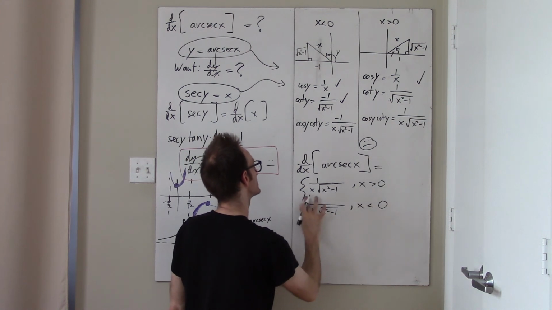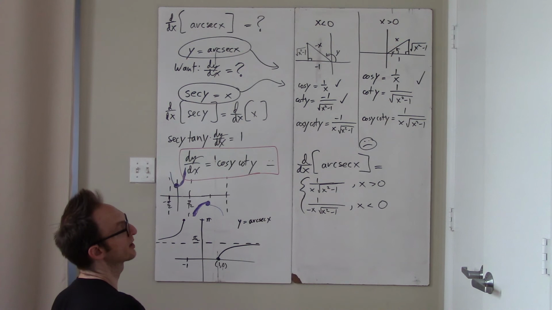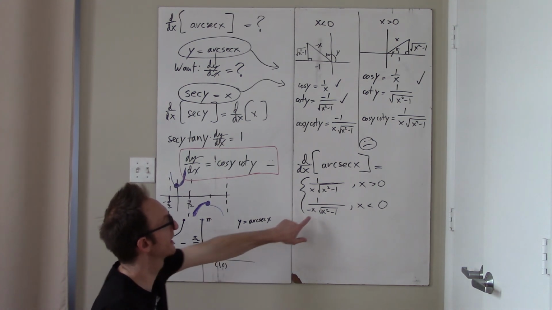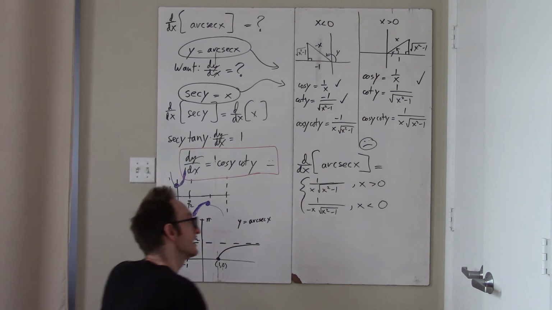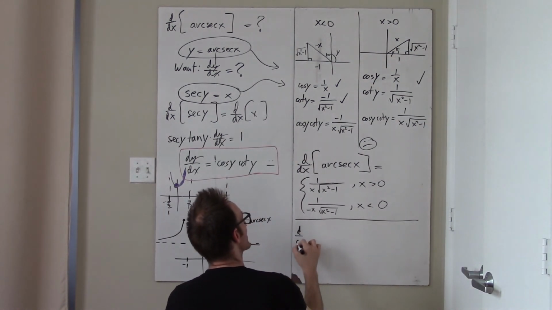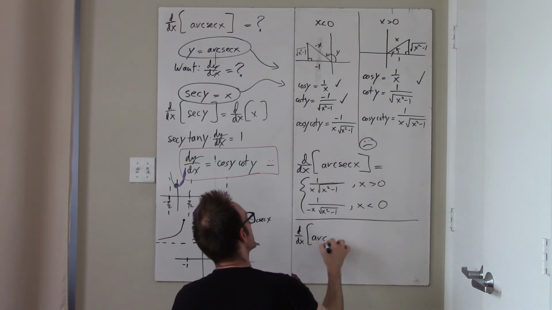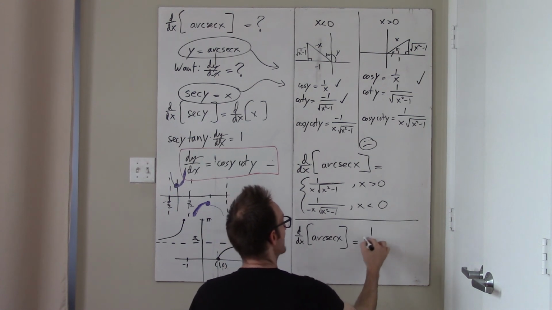And now, if you're smooth, and we are all smooth, you can write this more succinctly by noting that this is just the definition of the absolute value sort of in disguise. And so what almost everybody does is they say, in situations like this, when asked for the derivative of arcsecant, we can answer more succinctly using absolute value.